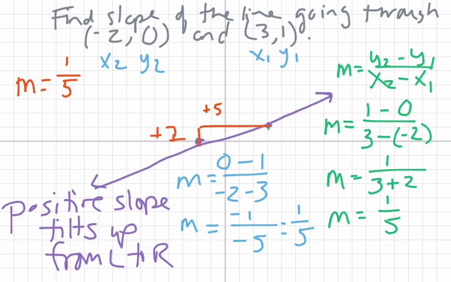Or if you go the other way, your rise is negative and then your run is negative. So you're going down and you're going to the left, which would ultimately give you a positive. If your line is tilting this way, it's always going to come out like that. And so positive slope means that your line tilts up as you move from left to right.